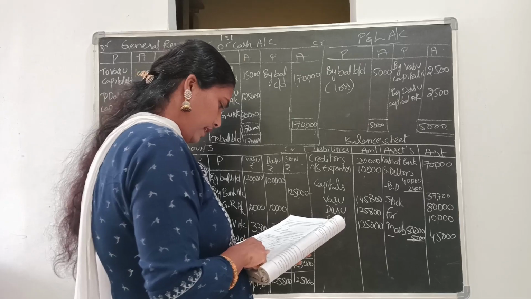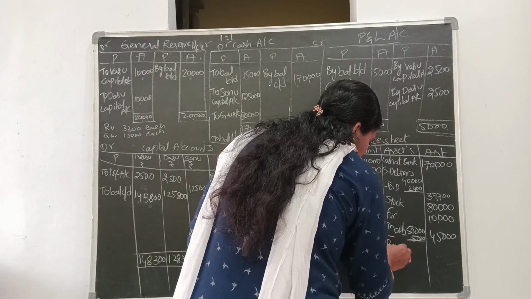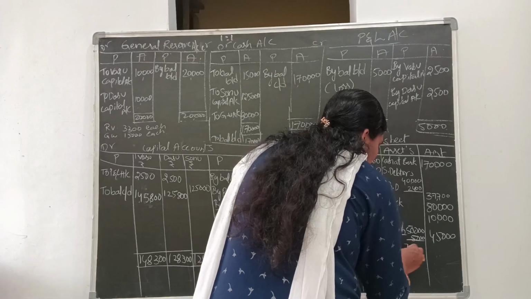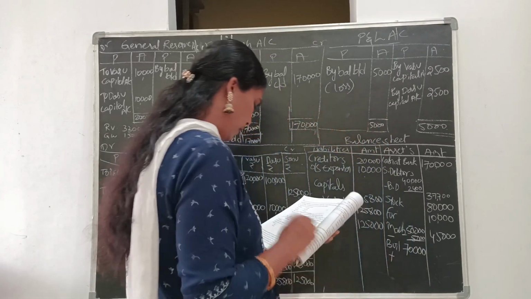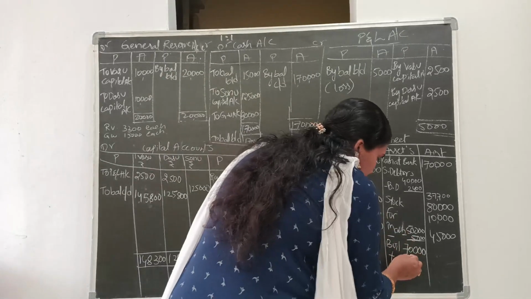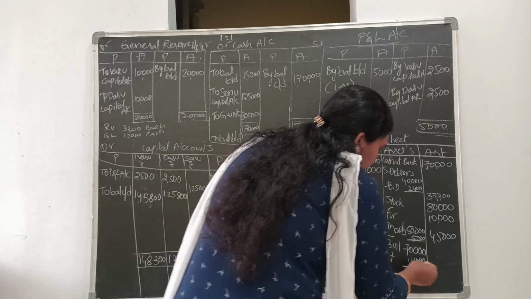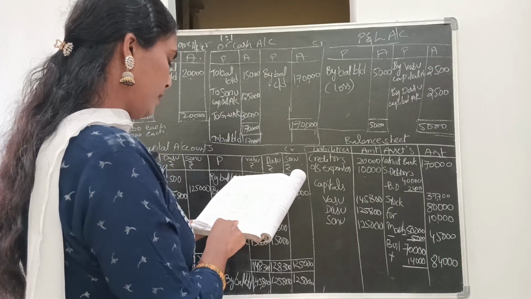So buildings. Buildings are appreciated. Building value is 70,000. First write down the building value, then appreciation 20% means 14,000. So this is 84,000. I'll cross check.